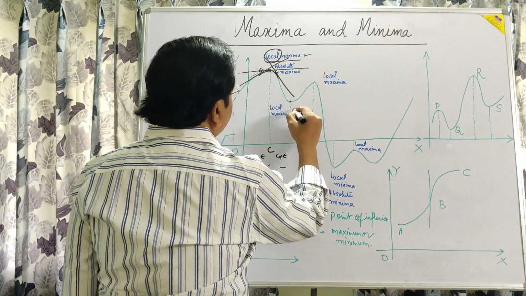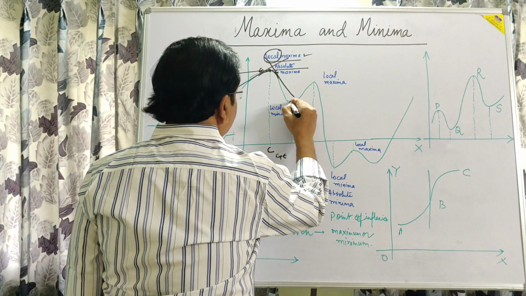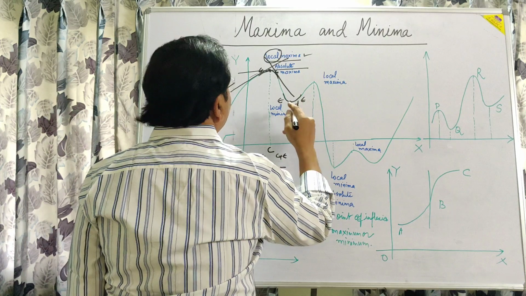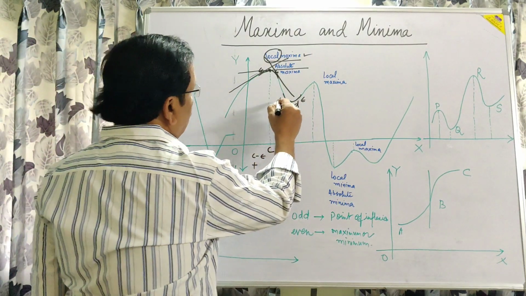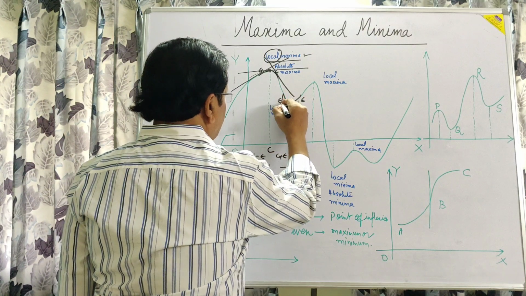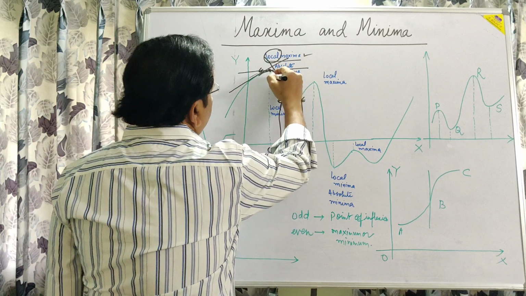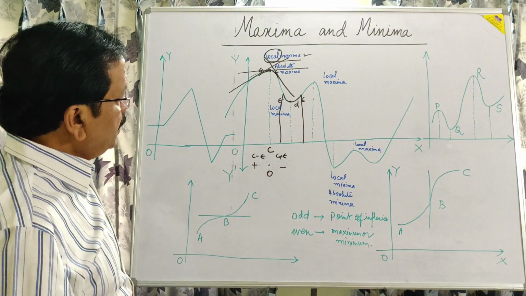Here you can see another point, say D, and in this neighborhood, say epsilon any small positive number h, that is D minus epsilon and D plus epsilon, the function ceases to be decreasing.